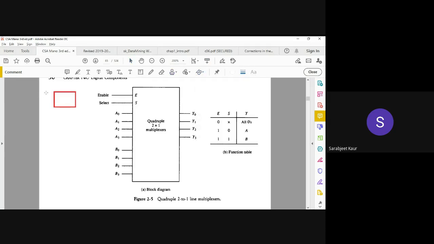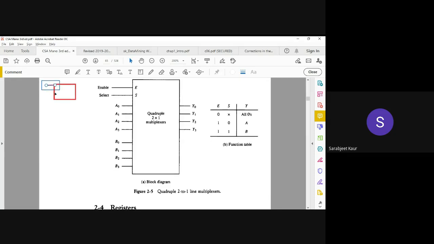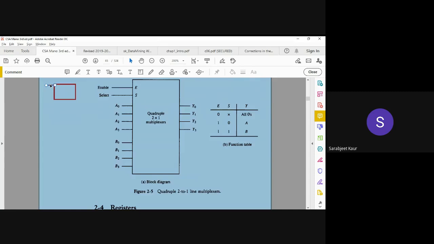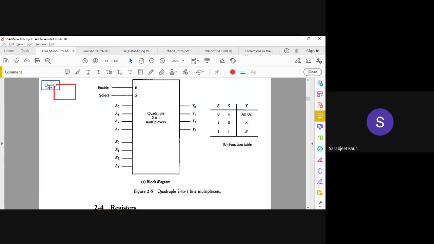What I'm drawing for you is a normal 2 cross 1 mux first of all. As usual, two inputs. How many selection lines?